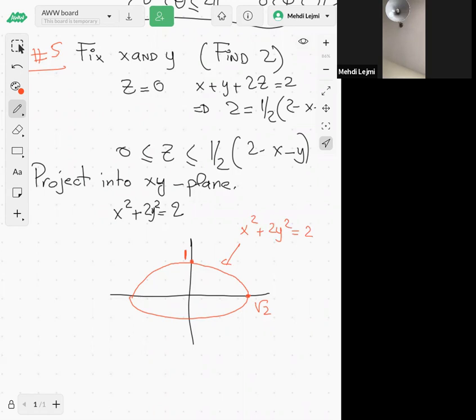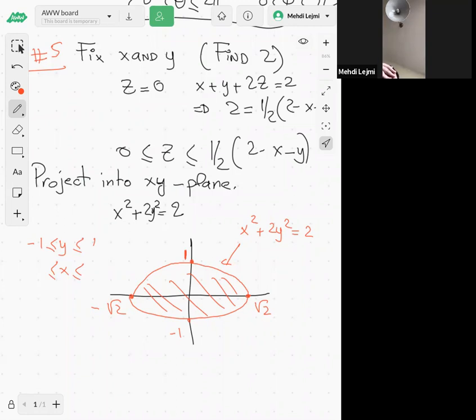All you have to do, guys, is try to find the bounds for this. This is minus square root of 2, this is negative 1, of course. Then, for example, you can say y is between negative 1 and positive 1. And then x, you solve for x.